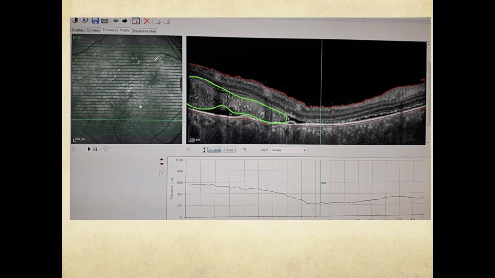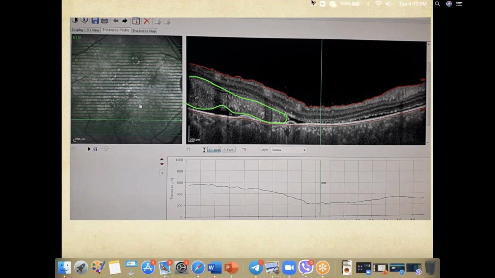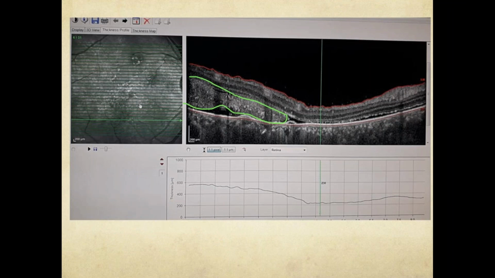So this is a case of no lumps, no bumps, right?